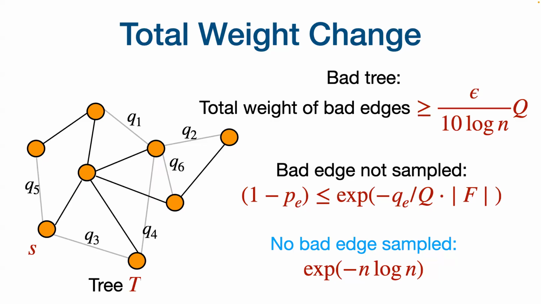You get an upper bound on that probability, because basically you're saying there are too many bad edges, so the probability that you don't sample any of them is going to be really super tiny. So you won't end up in a bad tree, because no bad edge being sampled is super small. There should be parentheses there, right? That times f is not in the denominator, it's the numerator. Yes, this is the numerator. Times f, there's a parenthesis here.